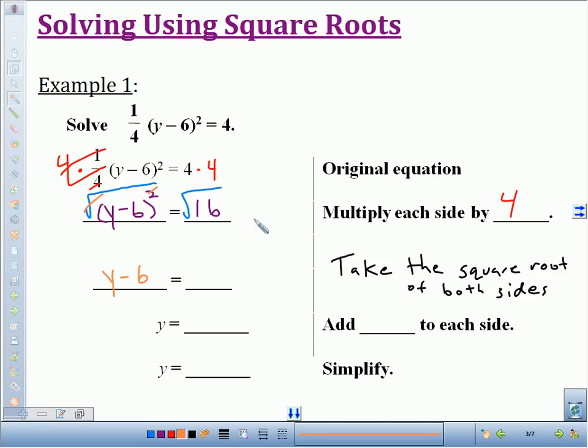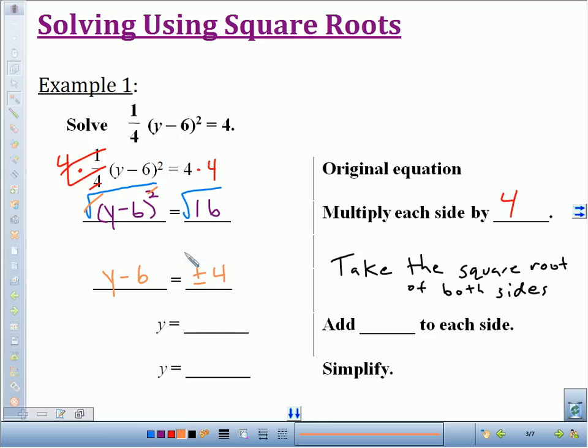Now we want to be able to write the idea of 4 or negative 4 as quickly and easily as possible. So we have to use a new symbol here. We're going to use a symbol that might be unfamiliar. In this case, if I take the square root of 16, I'm going to say that the square root of 16 is either positive or negative 4.